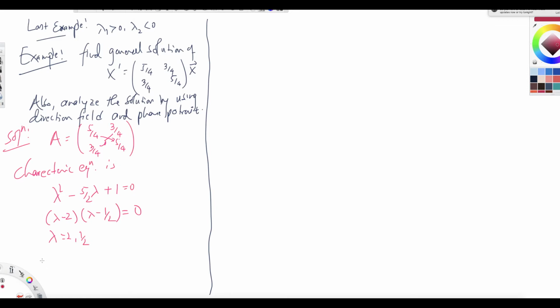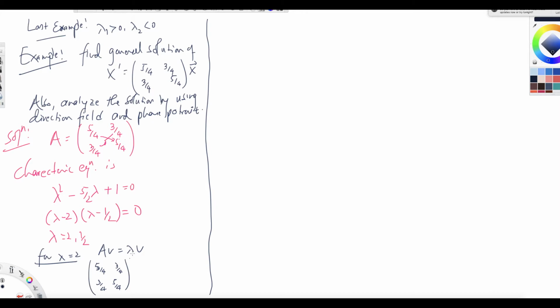So the next thing we want to do is find the eigenvector. For lambda equals positive 2, the eigenvector will be found by AV equals lambda V. What is A? A is 5/4, 3/4, 3/4, 5/4. Let's say V is (x, y).